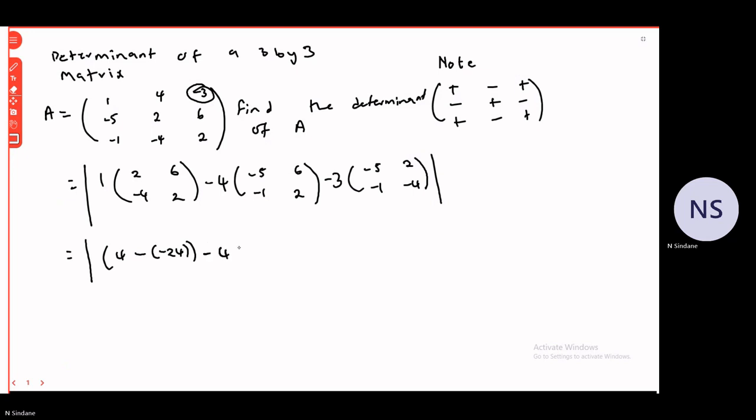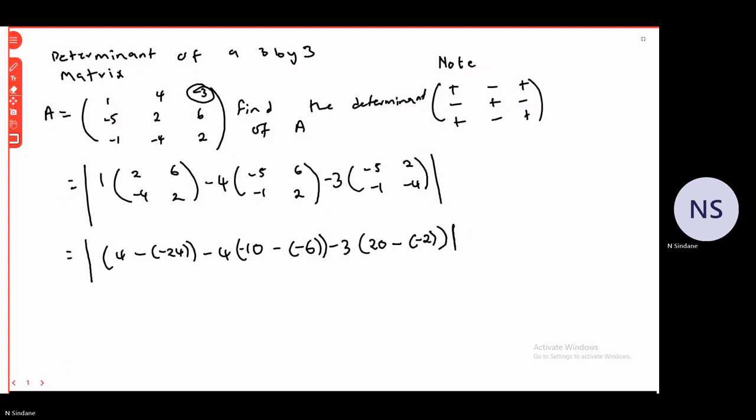Minus 4 into, now when I say minus 5 multiplied by 2 is going to give me negative 10. Then minus into minus 6, right? And then minus 3 into, negative 5 multiplied by negative 4 is positive 20. Minus into minus 2.